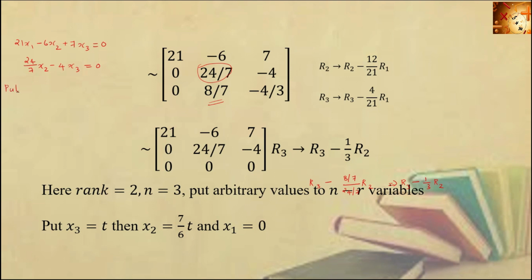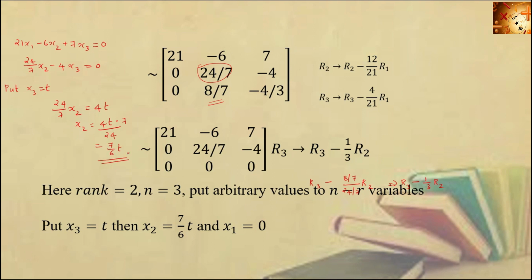Here we put x3 equal to t. Then the second equation gives 24 by 7 x2 equal to 4t, so x2 will be 4t divided by 24, times 7, which is 7 by 6 t.